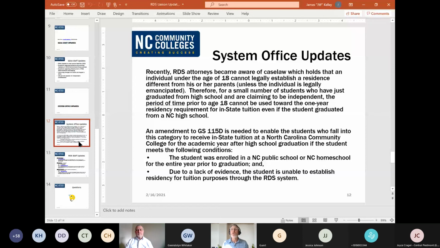So John Harris, Mary Shuping, myself, and a few others have been working very hard to come up with a resolution for those 1,500 students from a community college perspective.